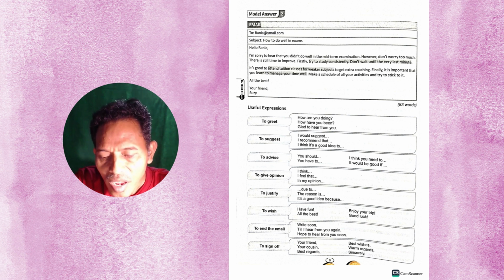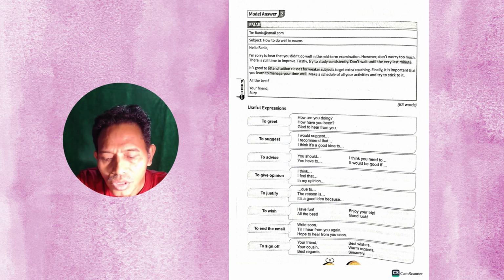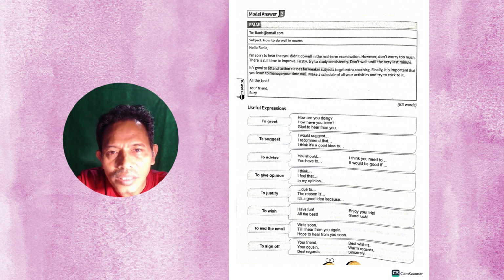To: Rania at ymail.com. Subject: How to do well in exams. Hello, Rania. I'm sorry to hear that you didn't do well in the midterm examination. However, don't worry too much. There is still time to improve. Firstly, try to study consistently.